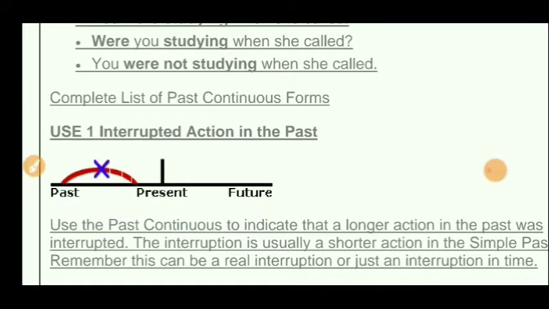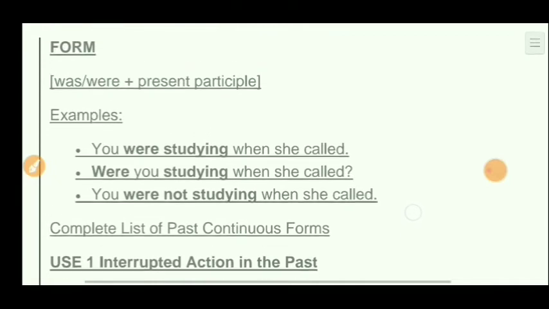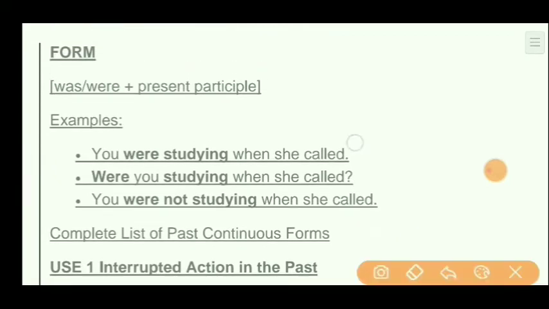So here is the same situation: you were studying when she called. You know very well that calling takes 1 or 2 seconds. Suppose somebody calls you by your name, how much time will he or she take? Just 1 or 2 seconds. So this was a shorter action.